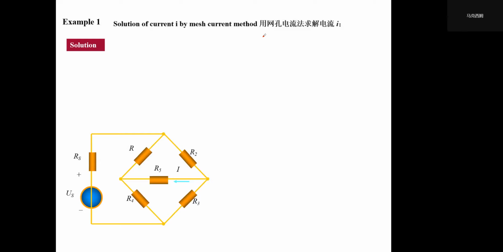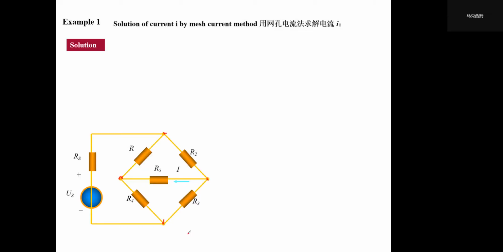So let's take an example. We have a circuit with 4 nodes and 6 branches.